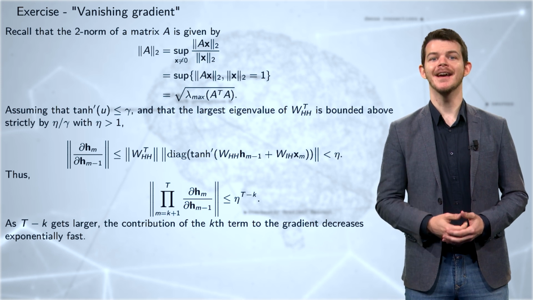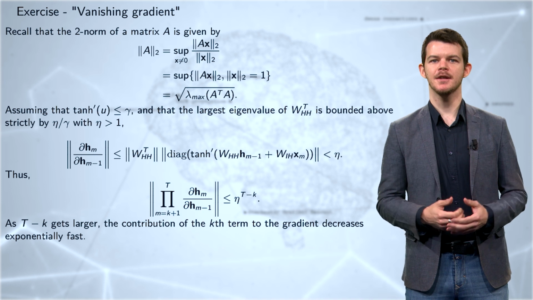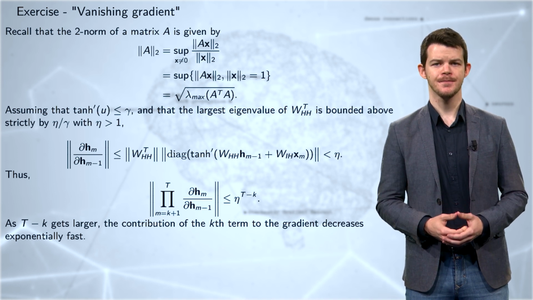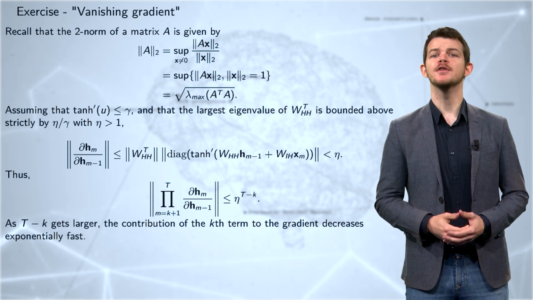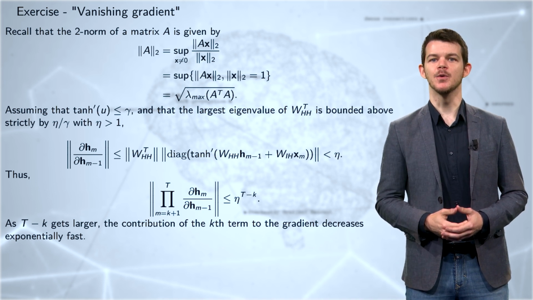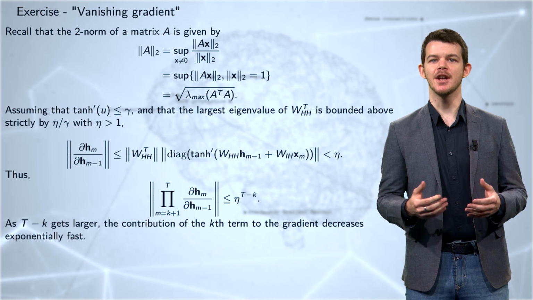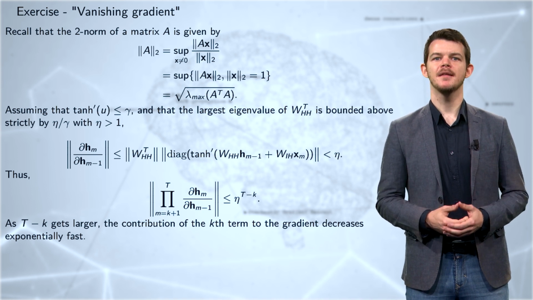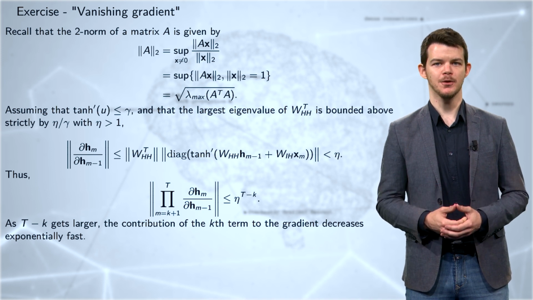Thus, backpropagating the gradient through many hyperbolic tangent functions automatically decreases the gradient. More precisely, if we assume that the largest eigenvalue of the weight matrix WHH is bounded above by a constant, we obtain that the norm of the gradient of Hm with respect to Hm-1 is smaller than eta.